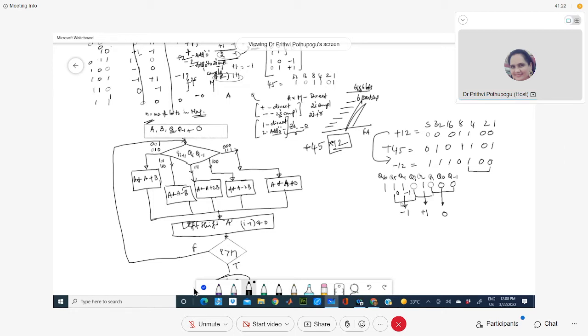Now, what is the final value? 1 to 1. 1 to 1. 0, 0. So in this position, it will be 0. You got this now? We are taking the 3 bits together.